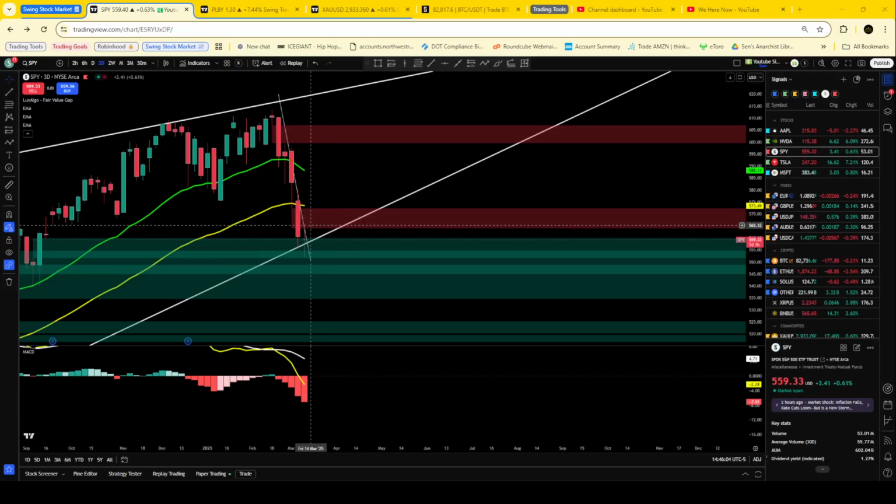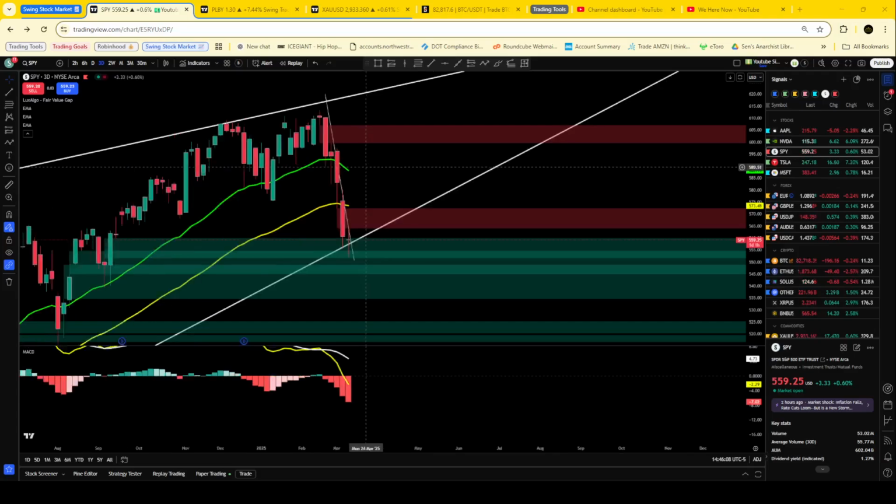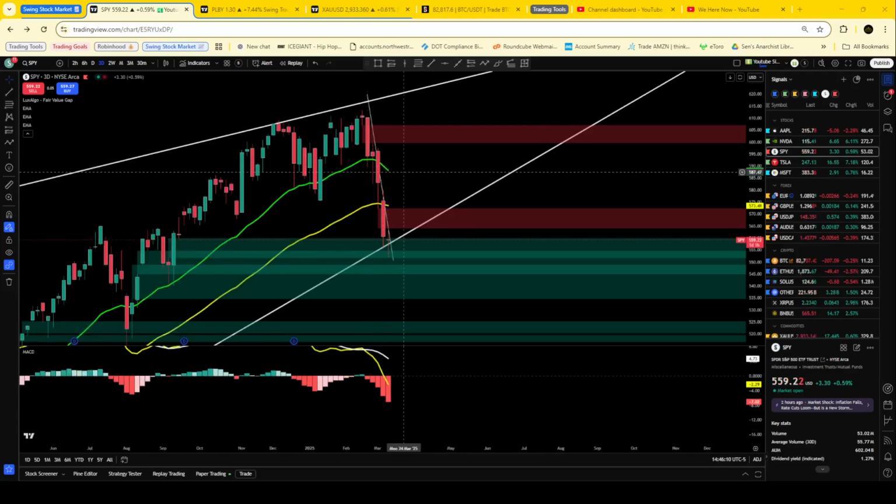And if it really does reverse right here, I will definitely be looking for the next fair value gap, because remember, fair value gaps like to get filled.